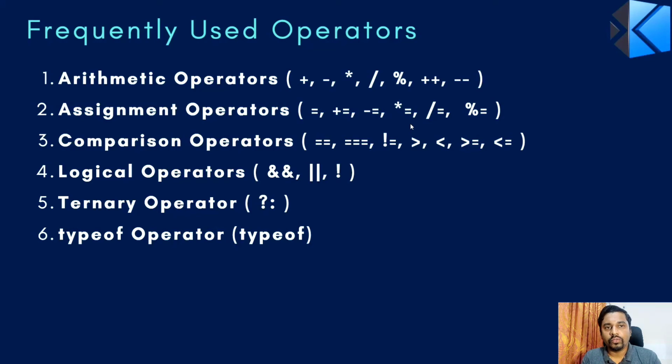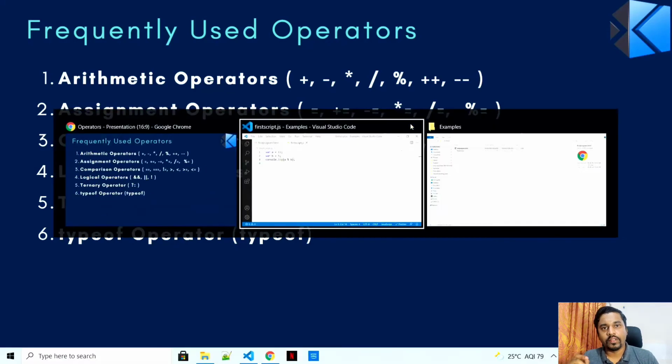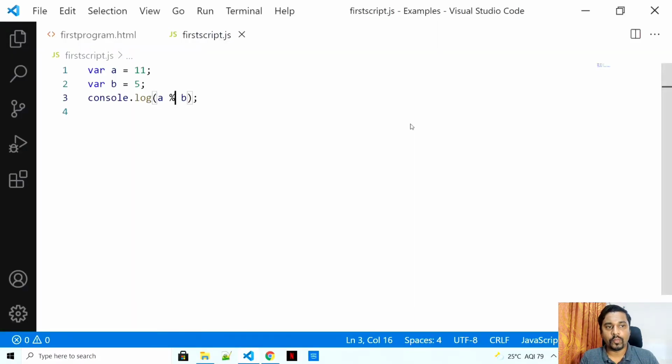Whenever you want to increment or decrement the value of your existing program by 1, you usually use the plus plus or minus minus operator. We usually say it as plus plus or minus minus, but that's an increment or a decrement operator. Let's see a small short program for it.